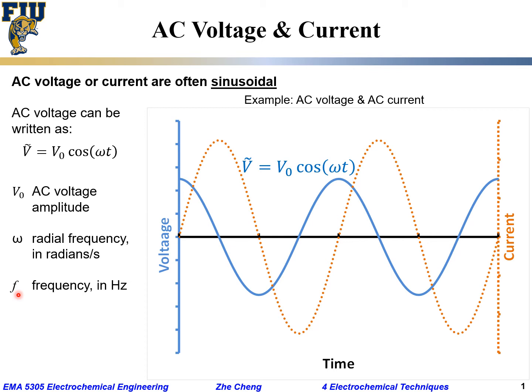And if we define f as frequency in the unit of hertz, then the radio frequency and the frequency satisfy this relationship. Omega, radio frequency, sometimes we call it angular velocity, but here for AC voltage, would be 2 pi times frequency, which has the unit of hertz.